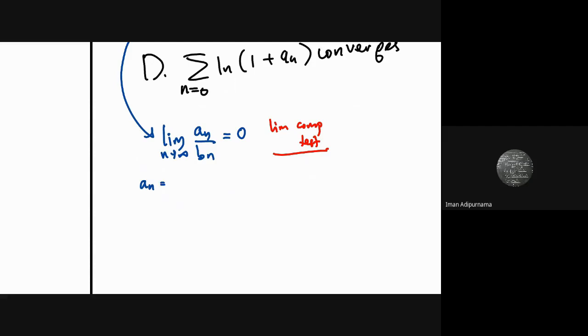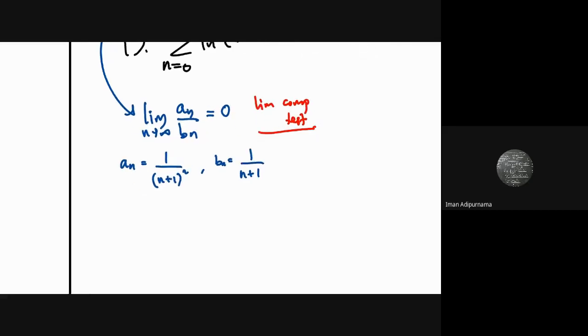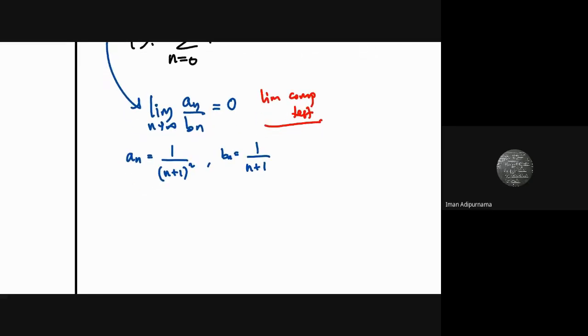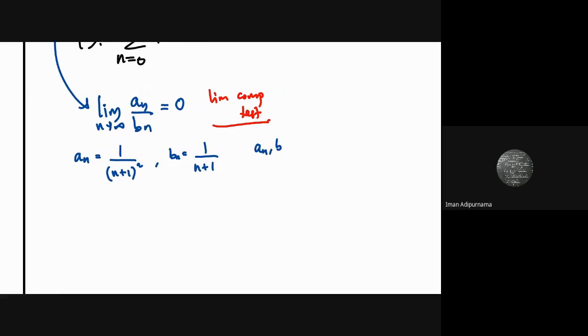So one option that you might have is this form, which is usually easy to determine with the limit comparison test. So n plus 1 and n plus 1 squared. And both an and bn are positive.